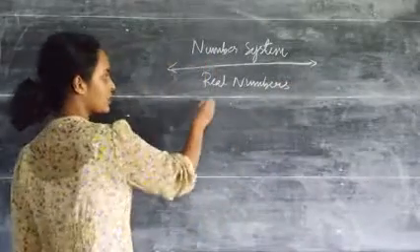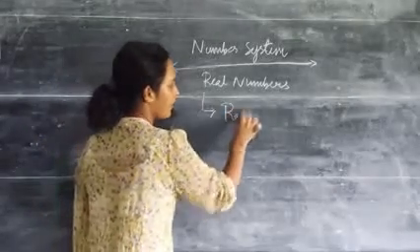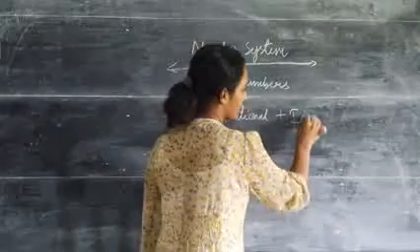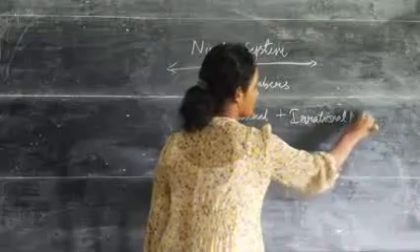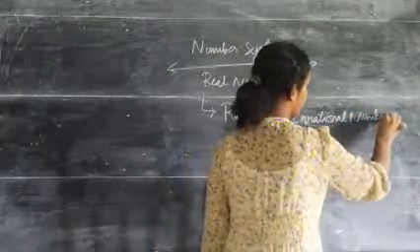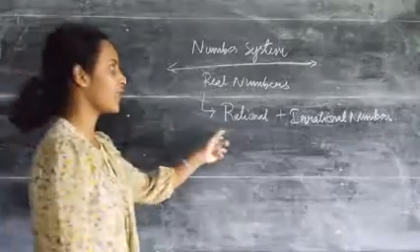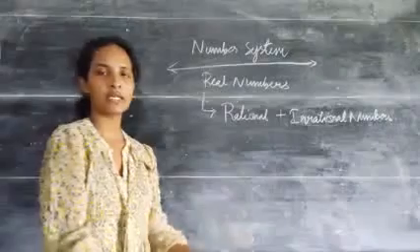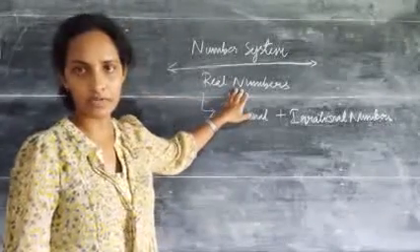What is the other definition? The collection of rational and irrational numbers together are called real numbers, right? All the numbers in the number system are together called real numbers, right?